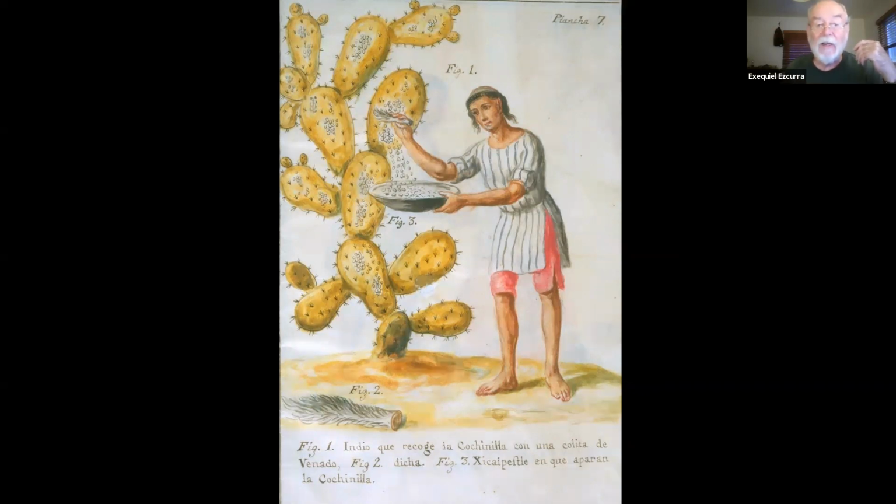As a matter of fact, during the Spanish colony, the export of cochineal dye, of dried cochineal dye to Europe was, during some years, for a number of centuries, as a matter of fact, competing with gold and silver as the main export, giving money to the Spanish crown from the colonies, because cochineal dye replaced purpura that was obtained in Europe from a snail, a marine snail in the Mediterranean. Cochineal dye was cheaper, and it was very, very liked by royalty in Europe.